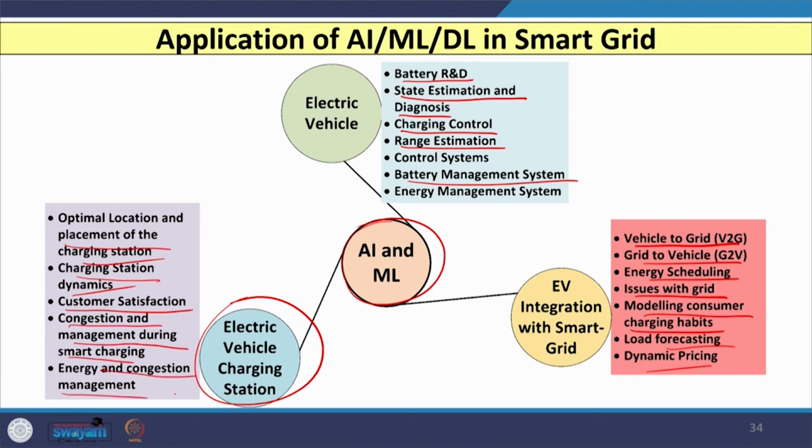In all such applications, we can use AI, ML or deep learning based approaches, and we can design the appropriate methods. And one very important thing is, when we are dealing with electric vehicles in a smart grid environment, they need a huge amount of data, and for handling that data we have to go for AI, ML or deep learning based approaches.